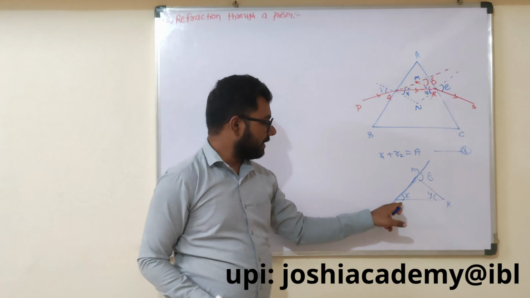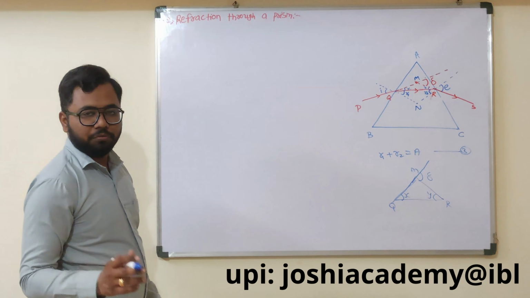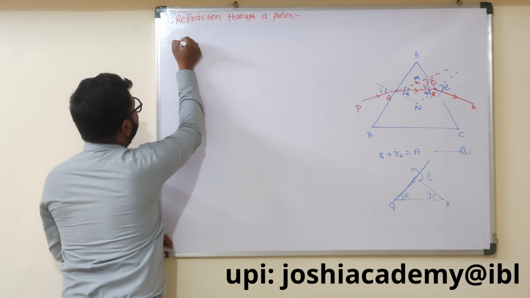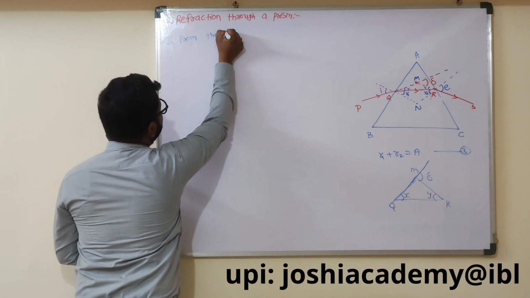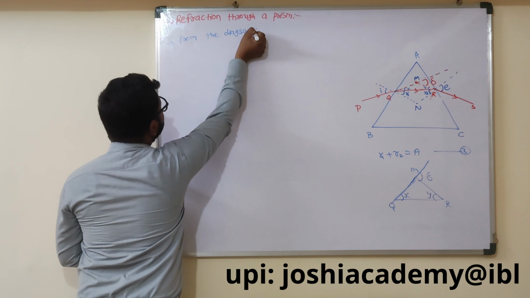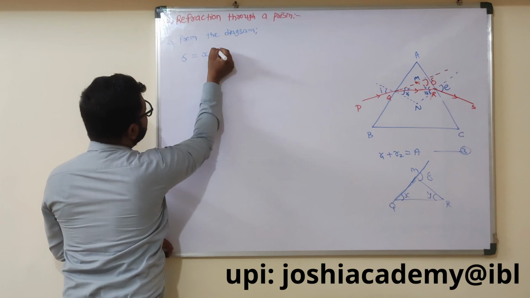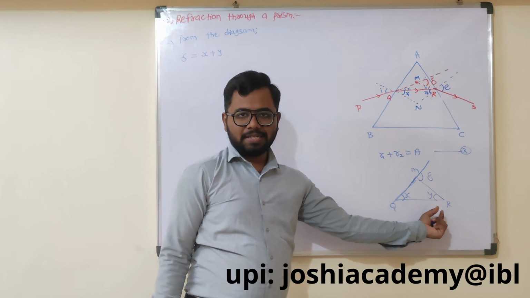Exterior angle delta is equal to the interior angles x and y, which you might have learned in your lower standards. So from the diagram, delta is equal to x plus y.